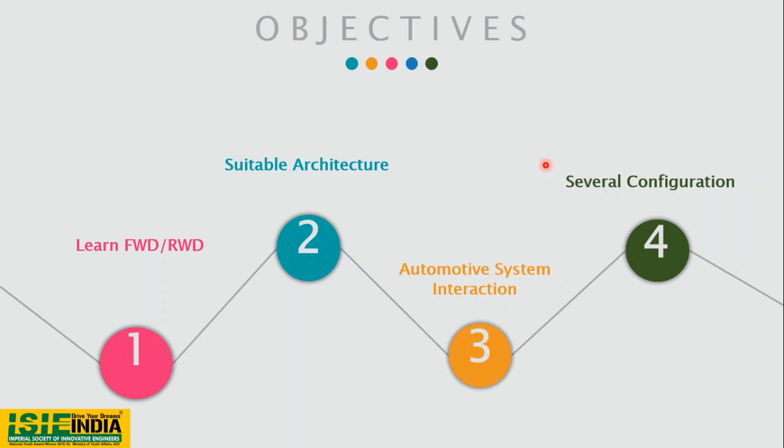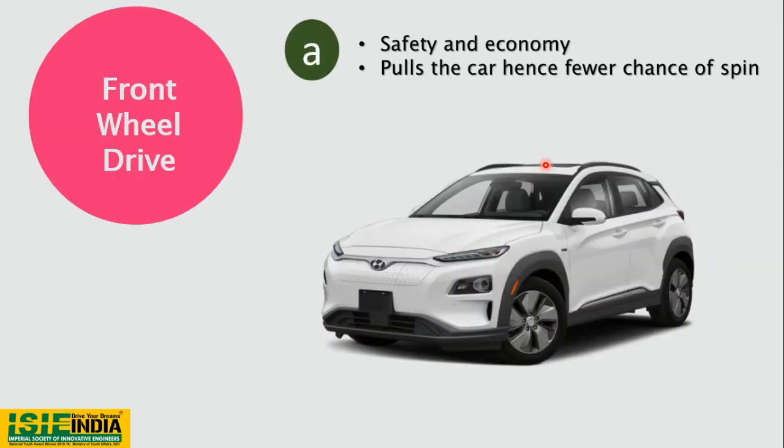Now, moving ahead with the first point, which is the front wheel drive. Front wheel drive actually means the motors are placed ahead. In this electric car, the Hyundai Kona, the motor is placed right beneath the hood, almost in this section, and it pulls the car from the front wheel assembly.